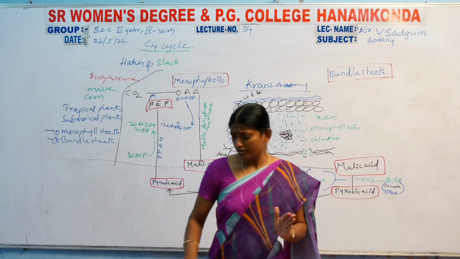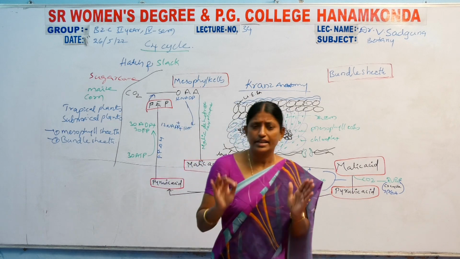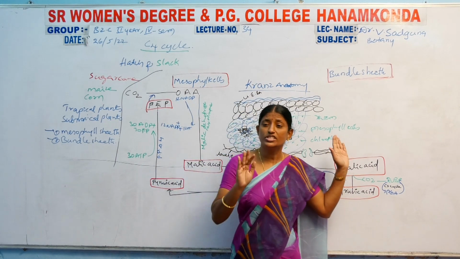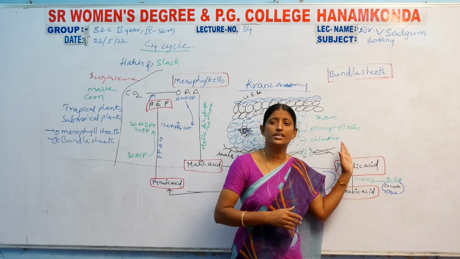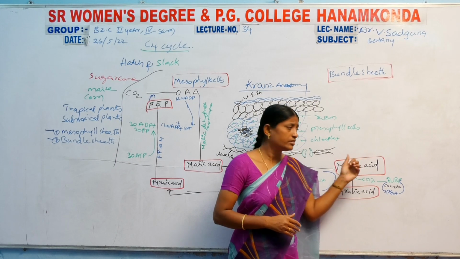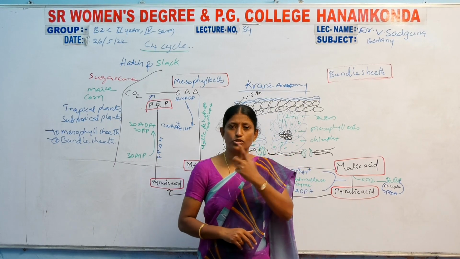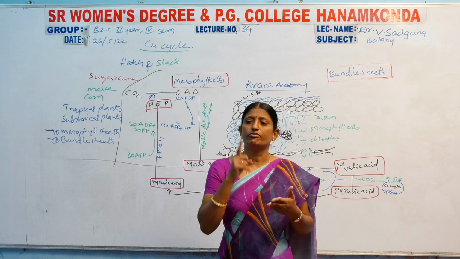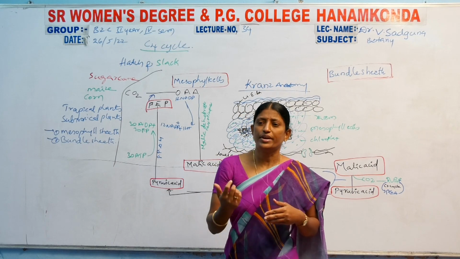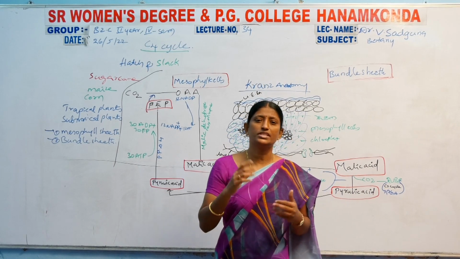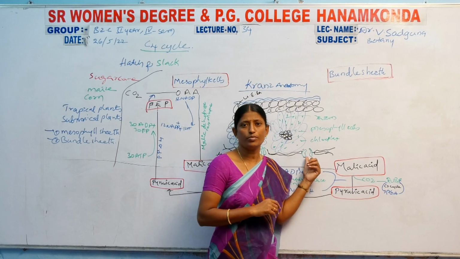Moreover, in the mesophyll cells the chloroplast has the presence of PS1 and PS2, that is photosystem 1 and photosystem 2. Because of them, most of the system utilizes the chloroplast.